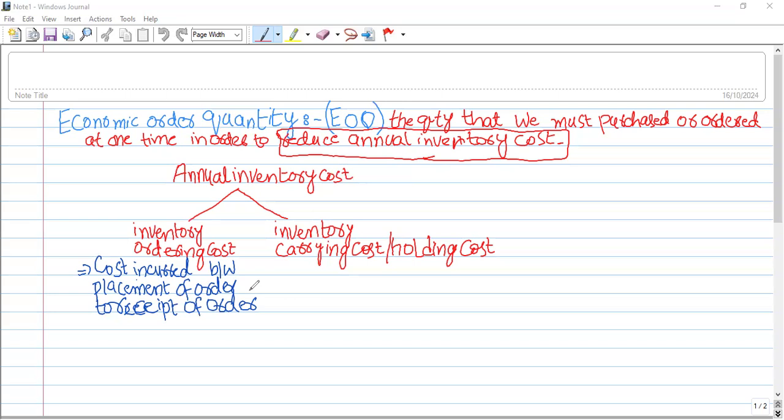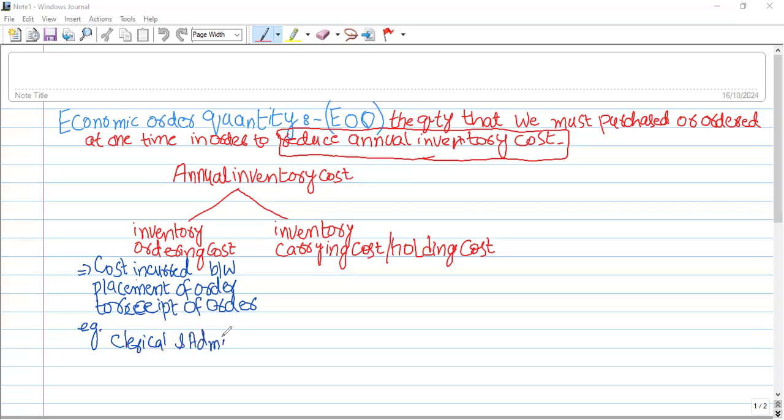And keep in mind, the delivery cost is also included in the ordering cost.